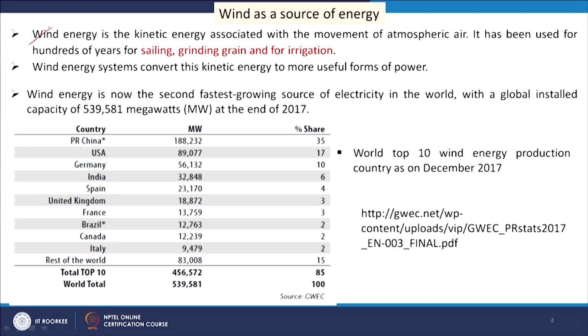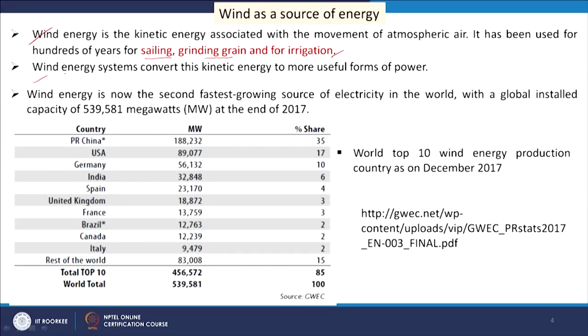Now we see that wind energy is the kinetic energy associated with the movement of atmospheric air. It has been used for hundreds of years for sailing, grinding grains, and for irrigation. These are the ancient applications of wind energy, and the recent application is electricity production.